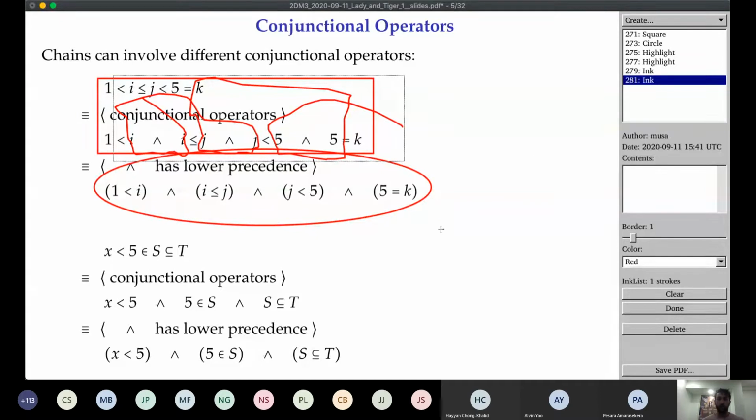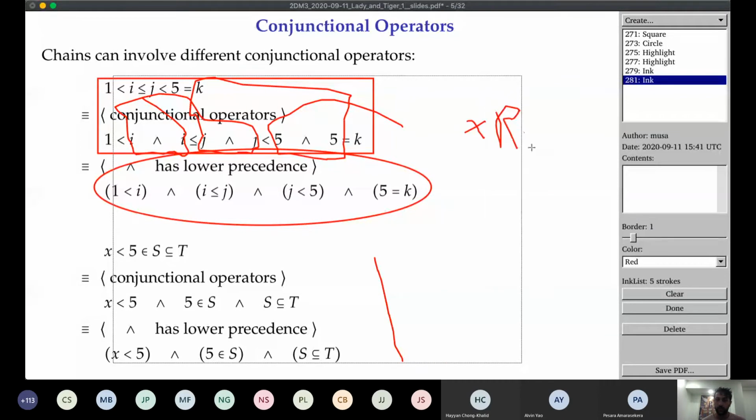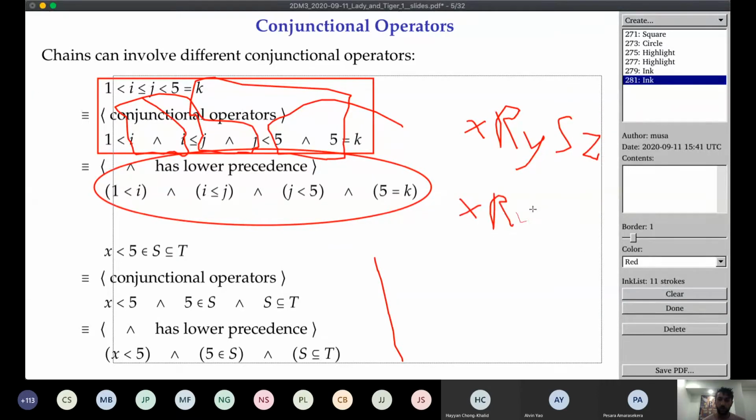A similar situation happens when we're talking about other kinds of relational operators. In general, whenever you have a relational operator, like you say x R y S z, what you're really saying is x R y and y S z.